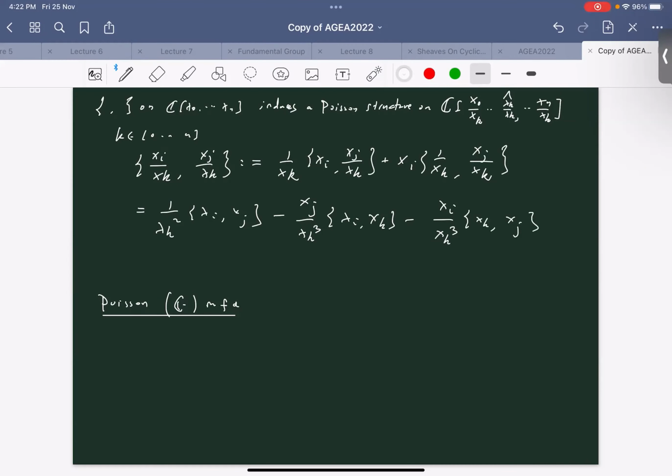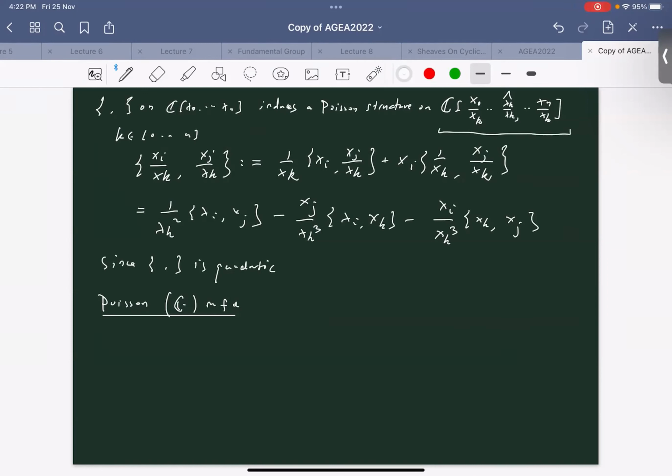Now you see that the quadratic condition plays a role, since the original bracket is quadratic. Then this final formula makes sense on this ring, right? Because it's homogeneous of degree 0. Therefore, it's easy to check that it indeed defines a Poisson bracket on this ring.